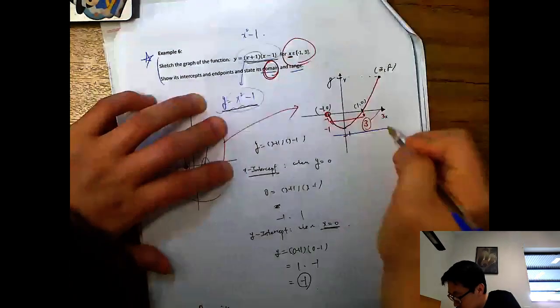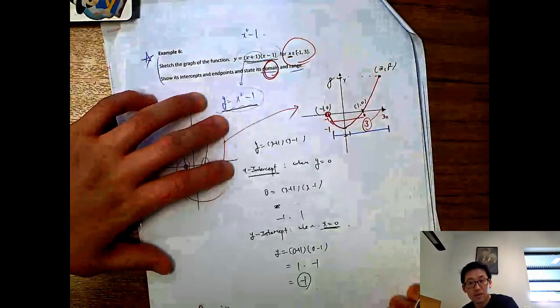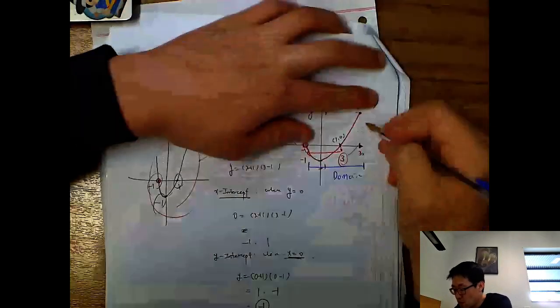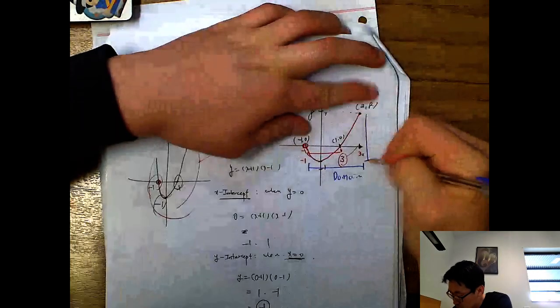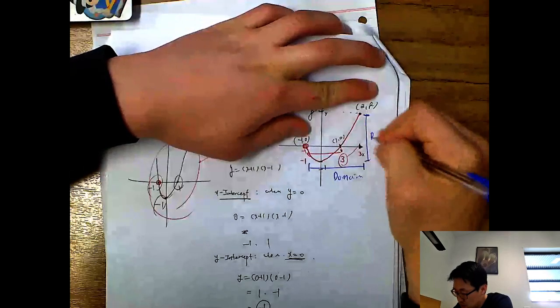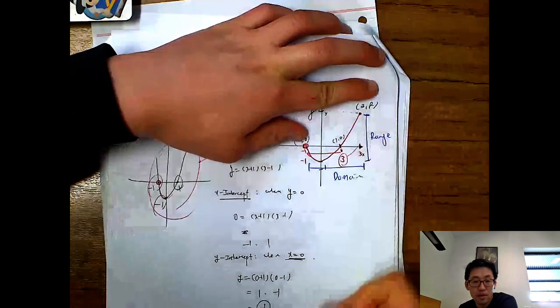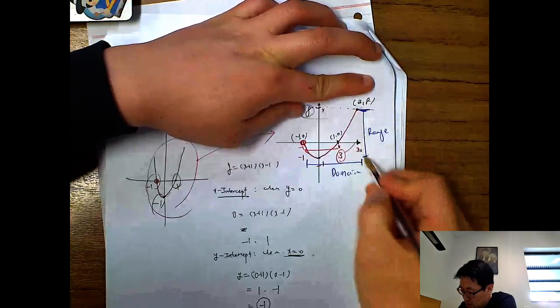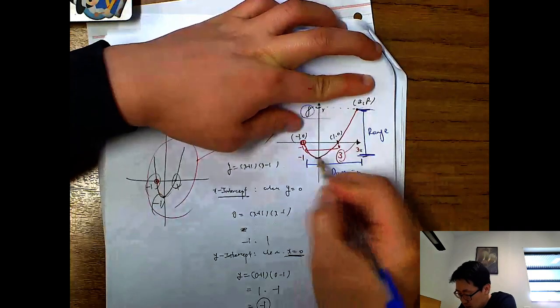X exists between these, which is the domain. Y exists between these, which is the range. The highest number we get is 8. The lowest range we can get is -1.